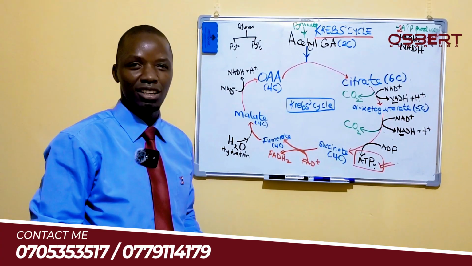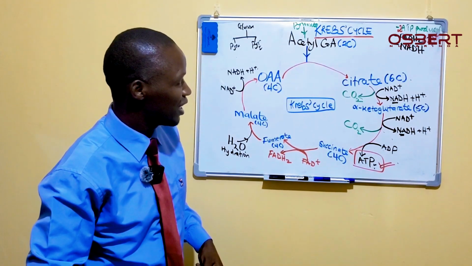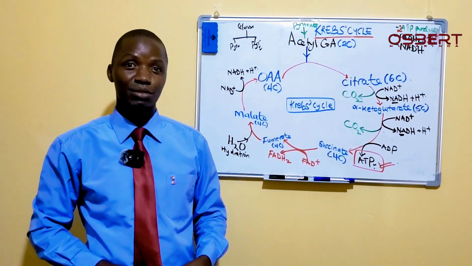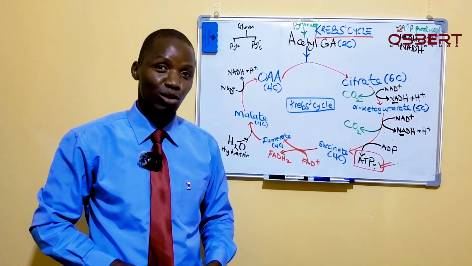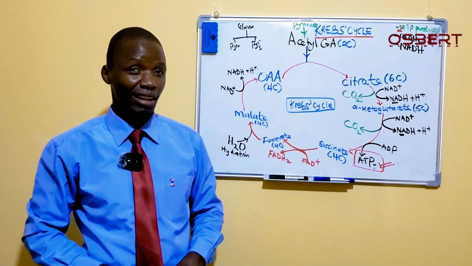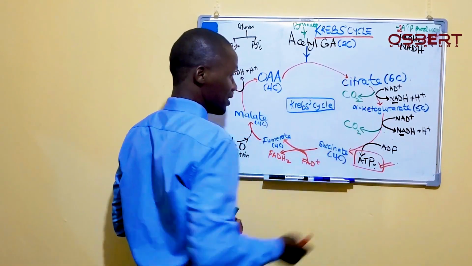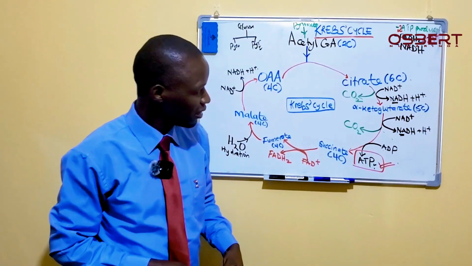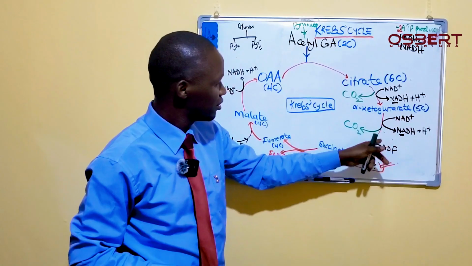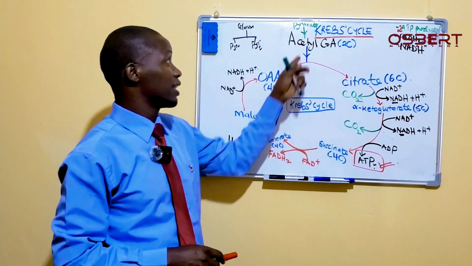If I asked you how many NADH we produce in the Krebs cycle when you consider 1 glucose molecule and you give me 6, I think you are correct, because in the Krebs cycle we have 3 NADH being produced, but that is from 1 pyruvate.